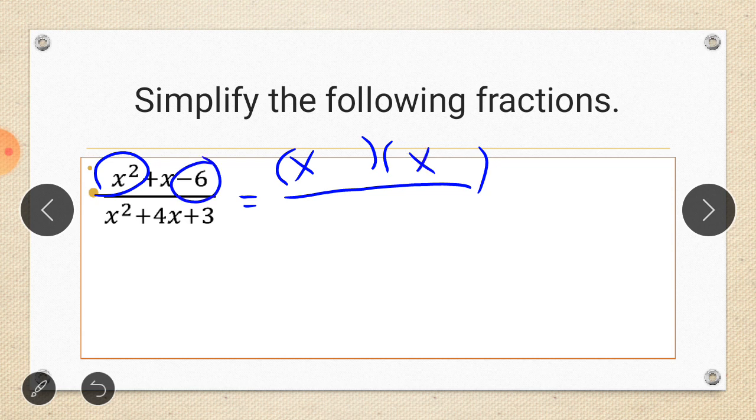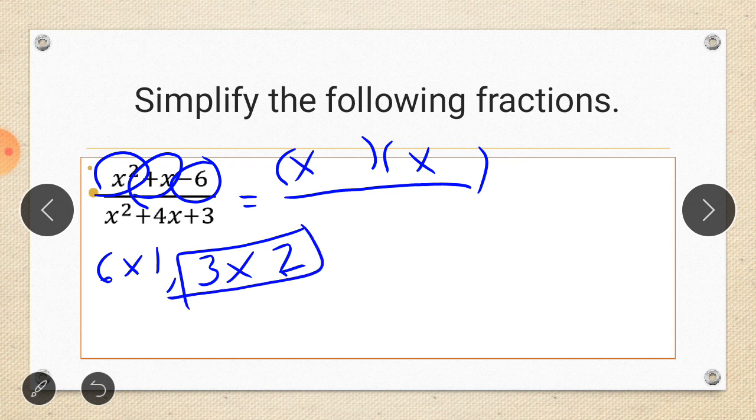The factors of the last term, we have 6 times 1 and 3 times 2. So we're going to choose which among these two pairs of factors can be equal to the middle term, which is 1. The numerical coefficient of the middle term is 1. So we're going to choose 3 and 2.